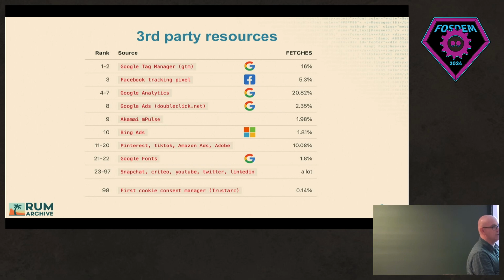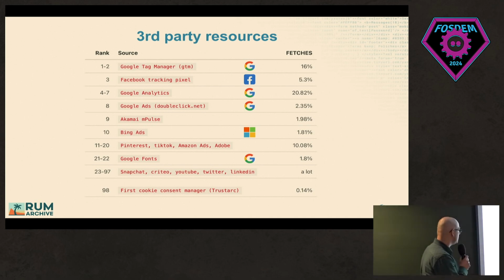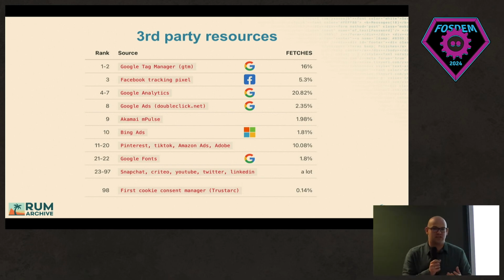And so it's a little bit ironic that we have to go all the way down to number 98 to find the first sign of something that is created to try and mediate some of this, which is the very first cookie consent manager, the GDPR backwash, let's say. I say try to deal with all of this. I'm a bit skeptical that actually works. But I mean, the fact that you have 100 entries before the first cookie consent manager, I think is a nice one-slide summary of some of the things that are wrong with the web today.